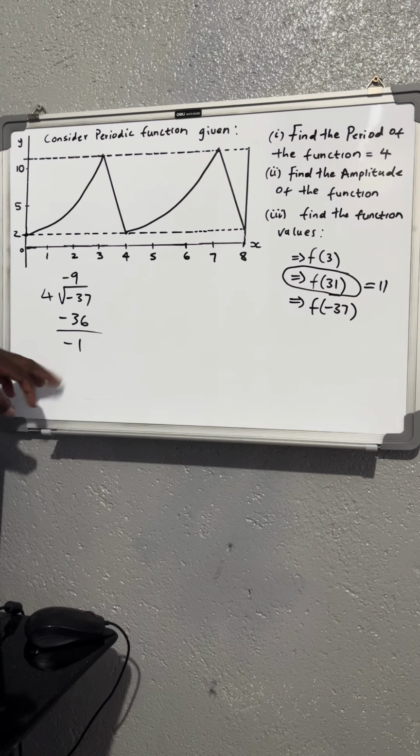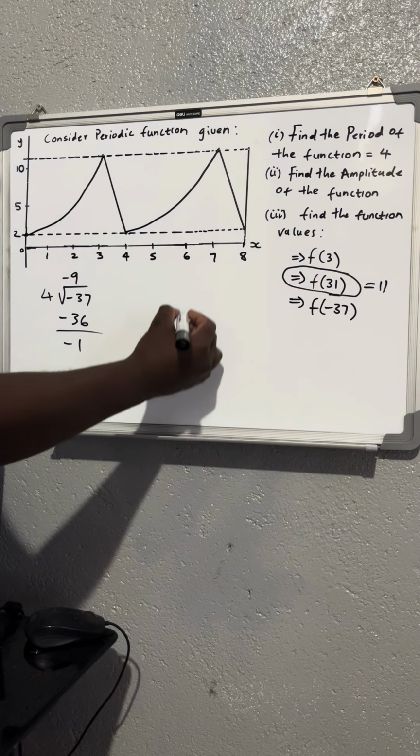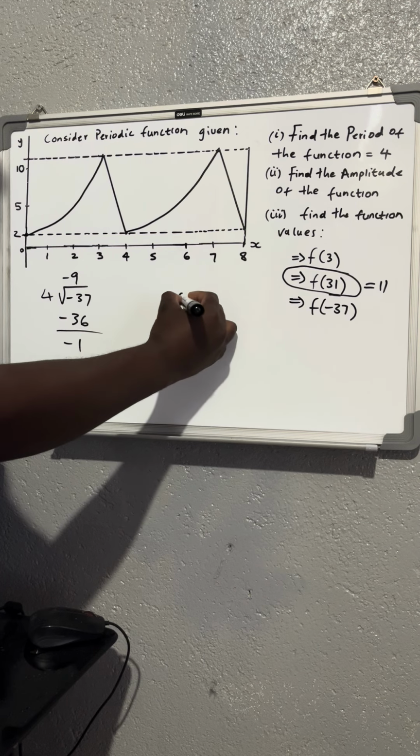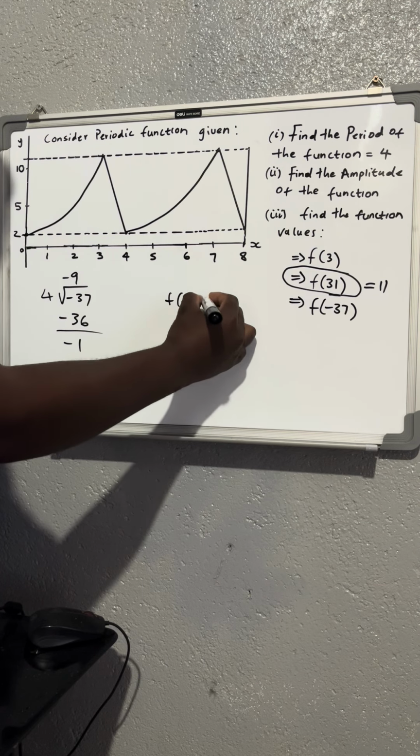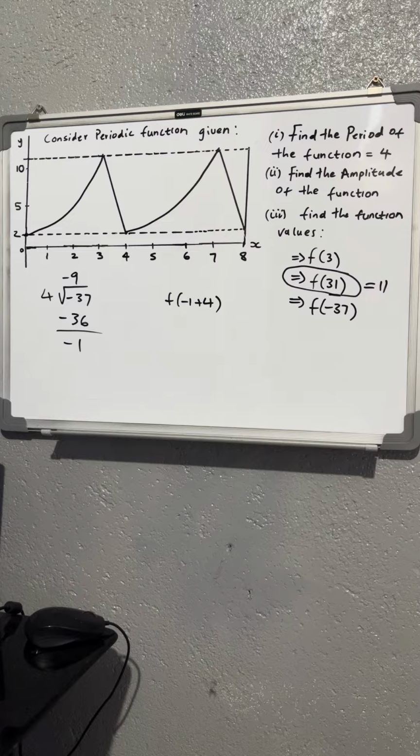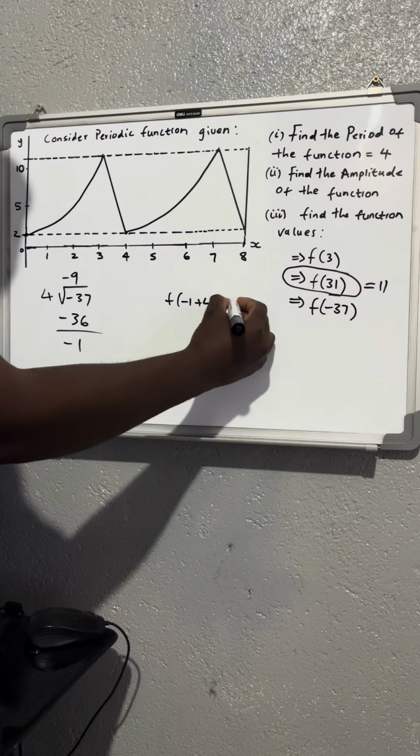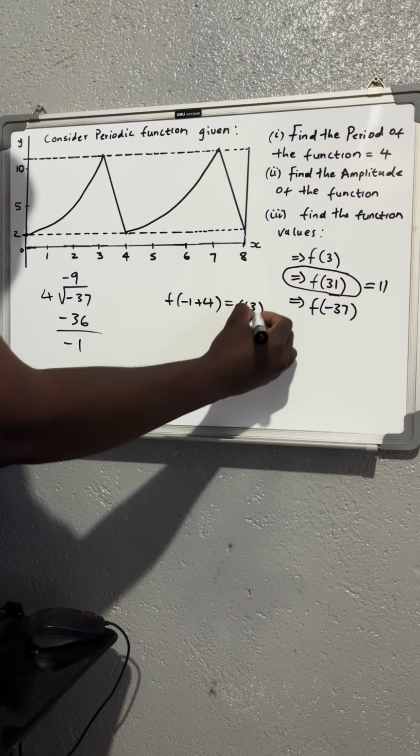So we got our remainder, but our remainder is what? Do we see it on this graph? We don't, because it's on the left hand side of this graph. It's basically here. So since we are nearby, we can say, okay, we have f of minus 1 plus 4. We're adding that period again, so this is going to be f of 3.